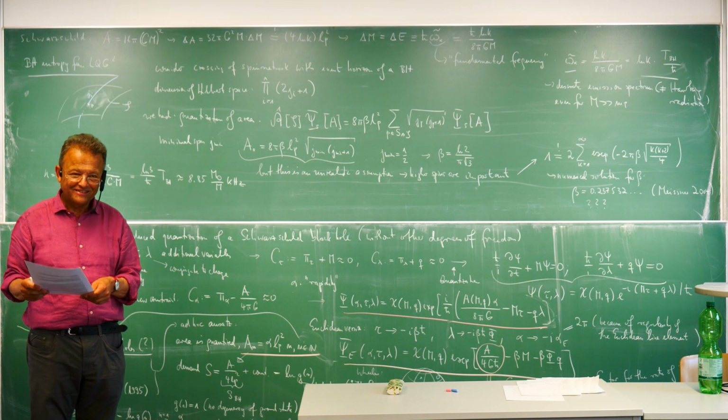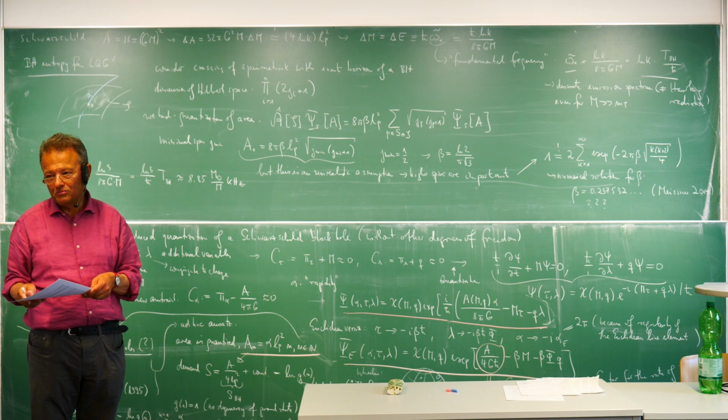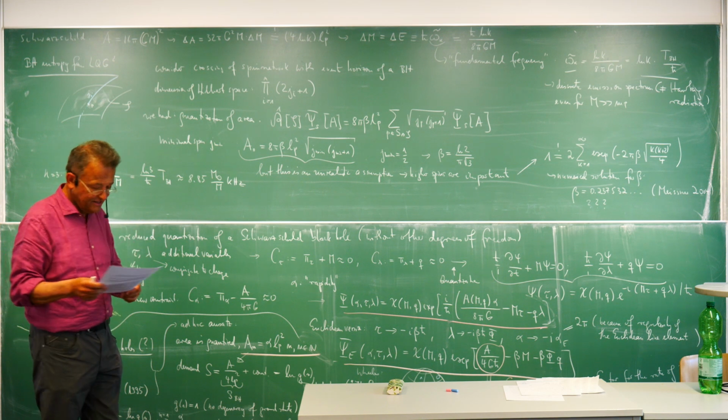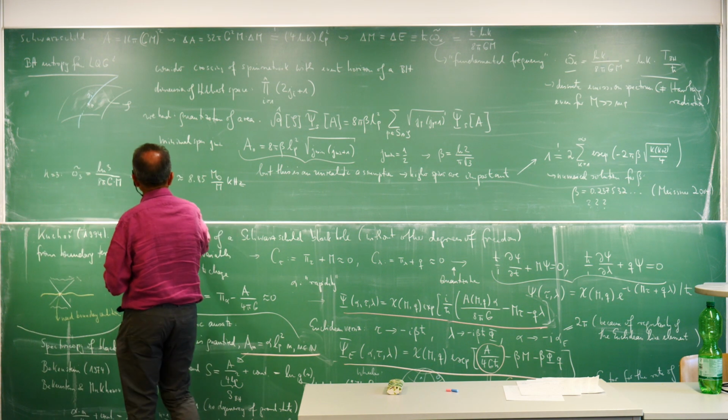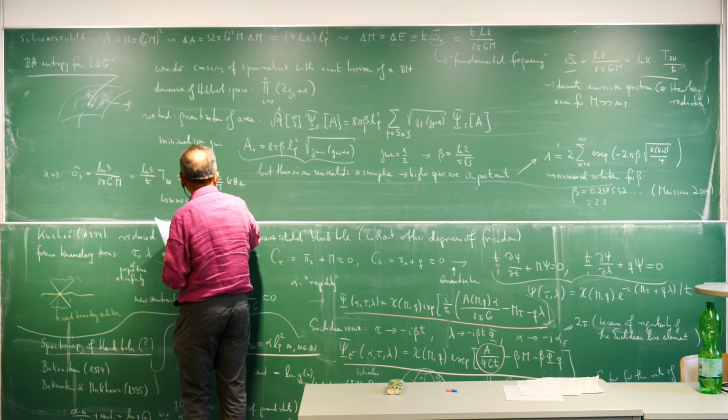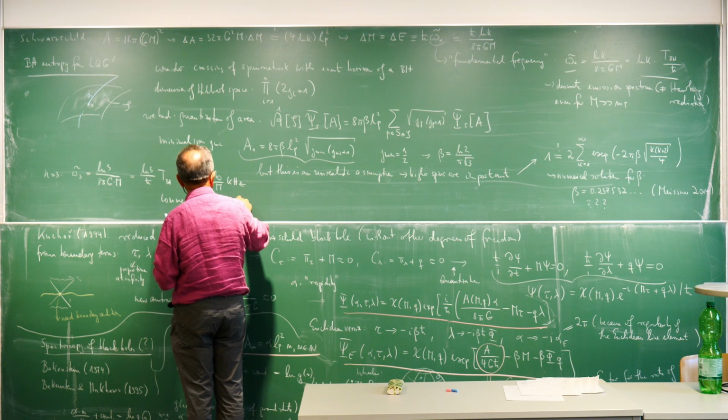And in the black hole case, they are called quasi-normal modes. Quasi because they are damped away. It's not just sine and cosine. And so the question is whether there is a connection of this with the quasi-normal modes.